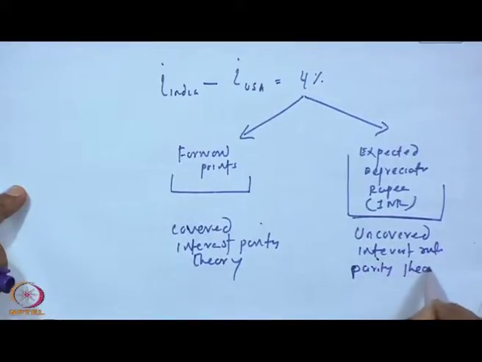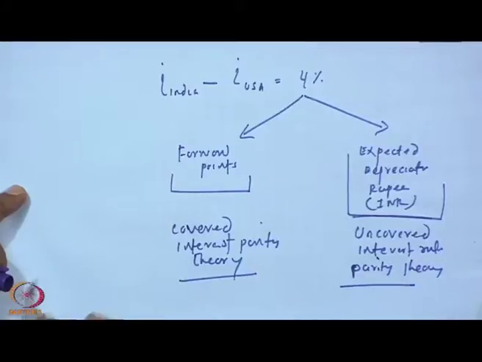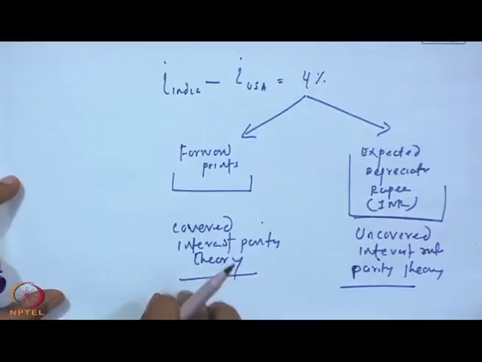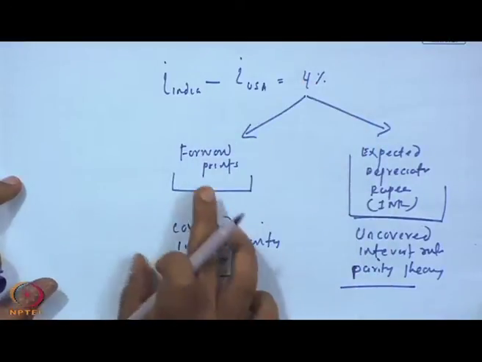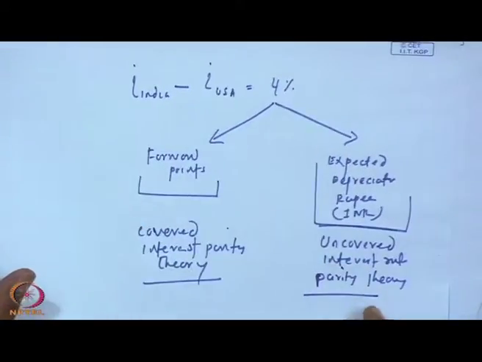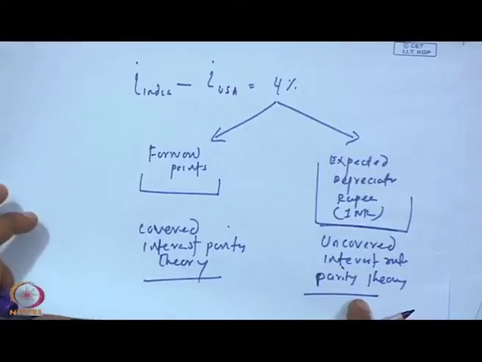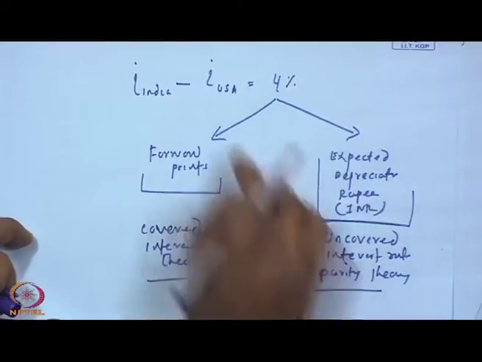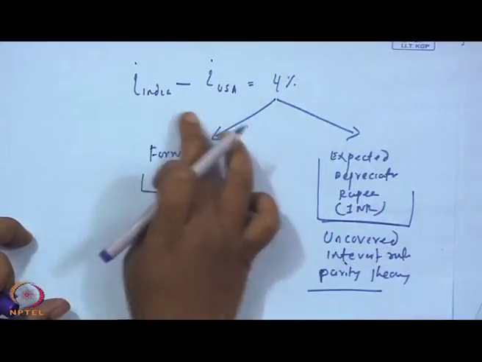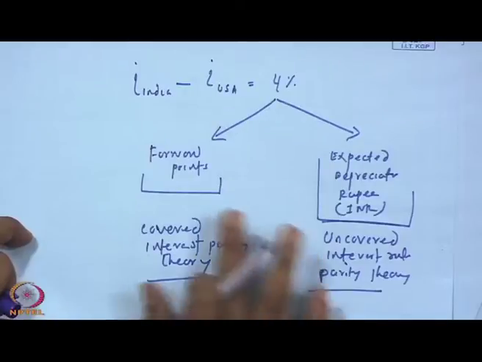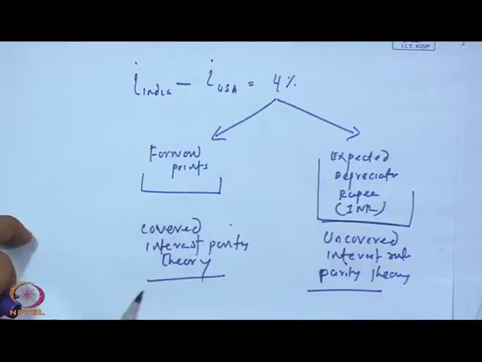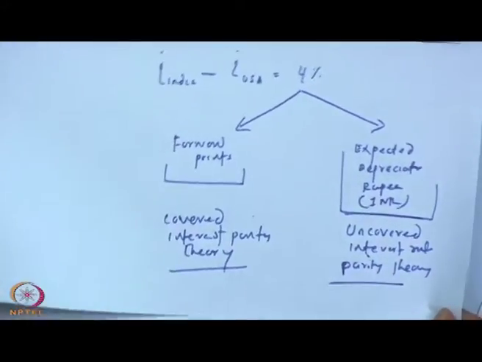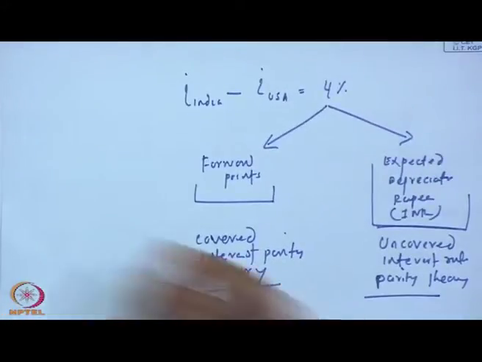Two different theories developed. Covered interest rate parity theory mentions that the interest rate differential should be reflected in forward points. Uncovered interest rate parity theory mentions that rupee will depreciate by 4%, so that there will be no difference in interest rate differential. The adjustment process leads to two different kinds of theory, and we will be discussing the two different theories in a systematic way.